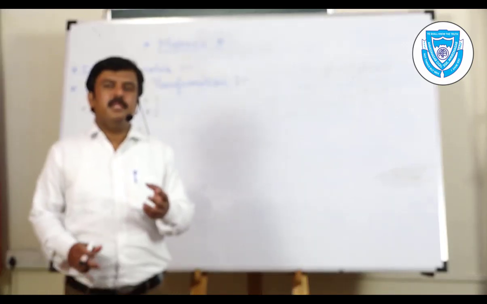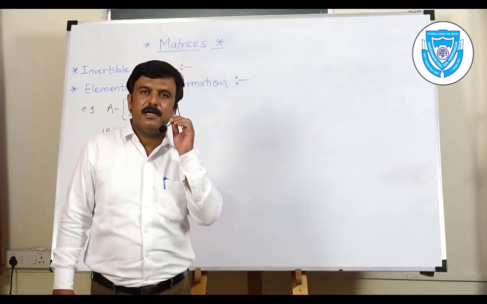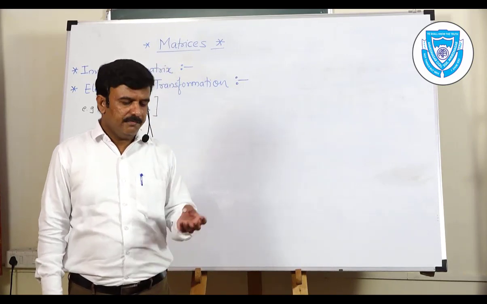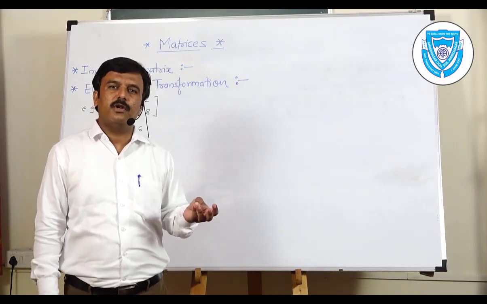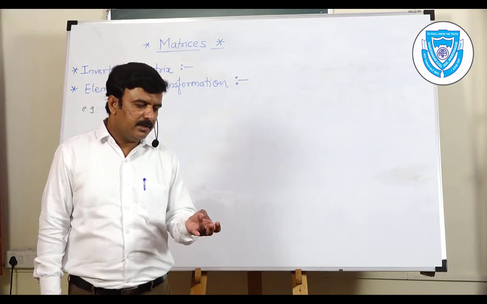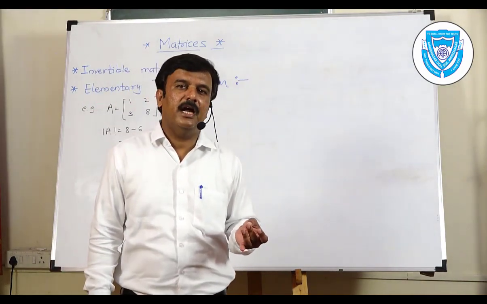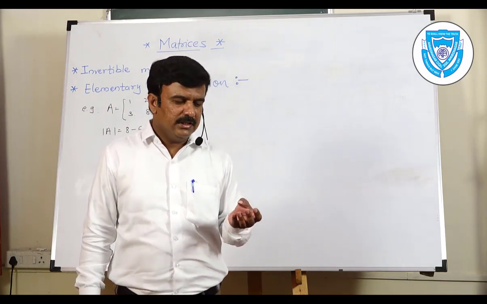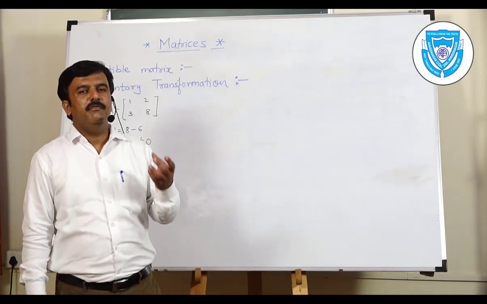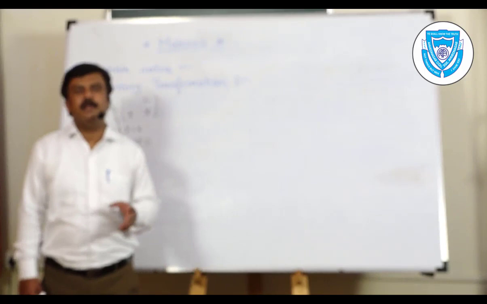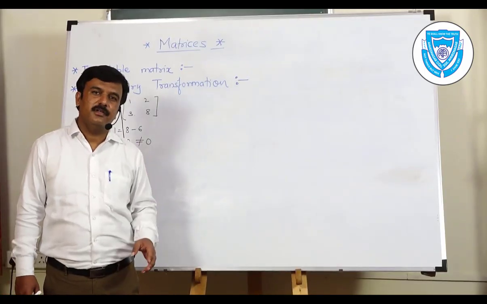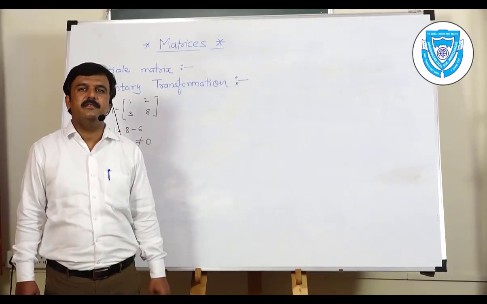There are three different methods to find the inverse of a matrix in our syllabus. The first method is the elementary row transformation method. The second method is the elementary column transformation method, and the third method is the adjoint method. Using any one of these three, we can find the inverse of the given matrix A, provided that it exists.